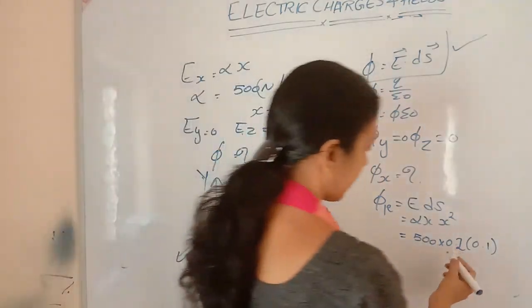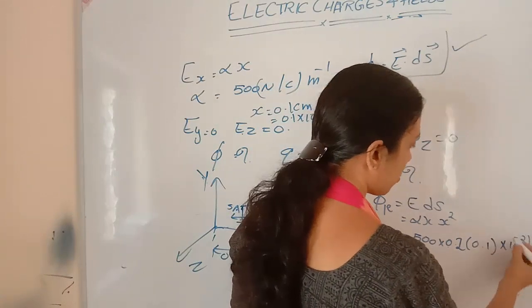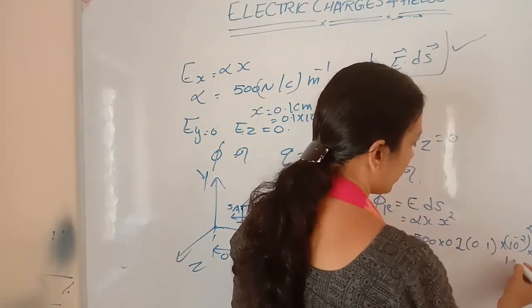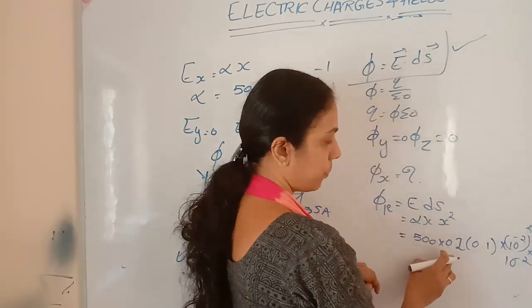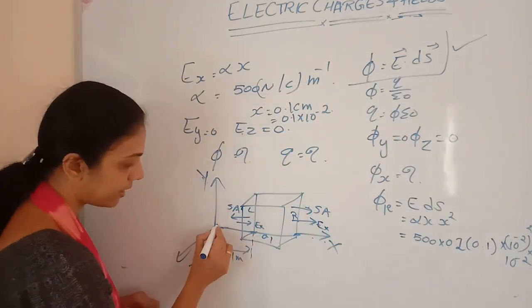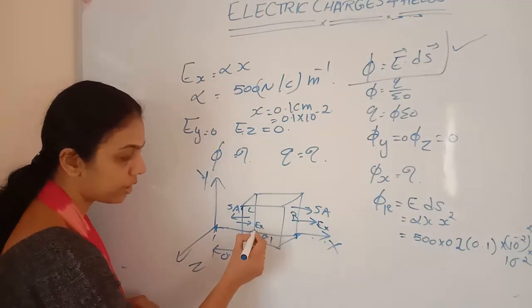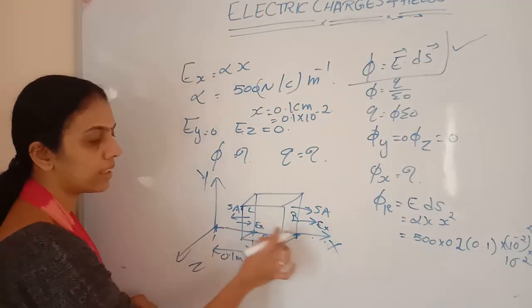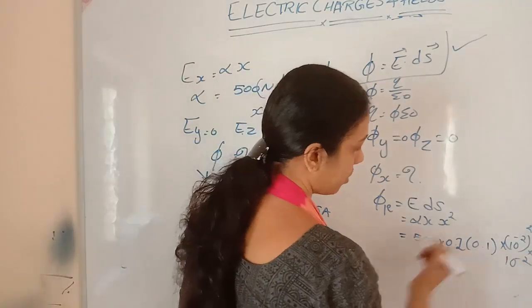So here 0.1 into 10 to the power minus 2, the whole square, into 10 to the power minus 2 for this 0.2. How do we get this 0.2? The right side face is at a distance of 0.1 plus 0.1 together, at a distance of 0.2 meter, so we consider 0.2 into 10 to the power minus 2.